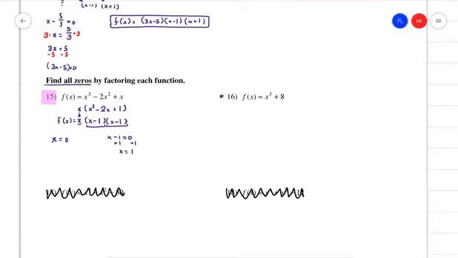And I know whenever a linear factor is written twice, that means it has a multiplicity of 2. So when we're writing our zeros, we would say we have 1 at the origin and 1 at 1 with a multiplicity of 2, meaning it would bounce right there at x equals 1.